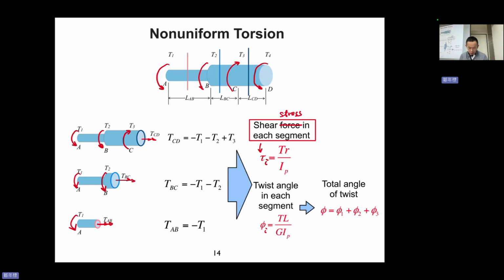I believe you understand this because it is a very typical example we learned in chapter 2 in the last few weeks. And then you can guess what we will see on the next page. Again, it must be an integration, for the gradual change of the cross section or gradual change of the torsion.